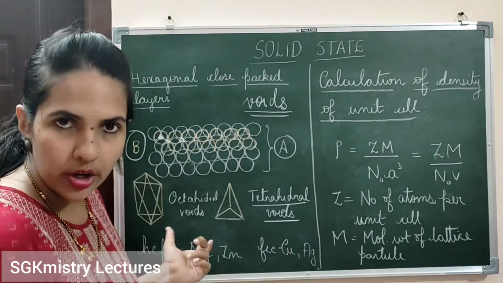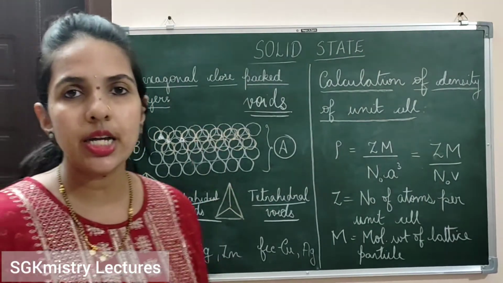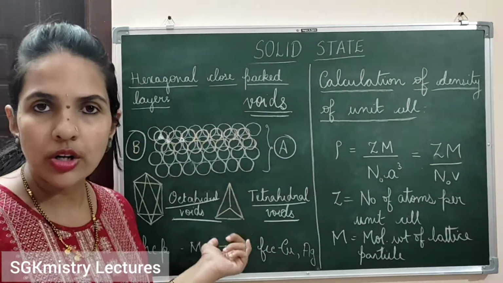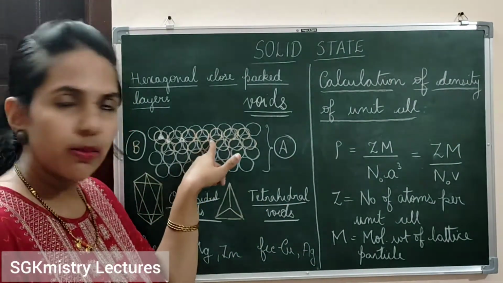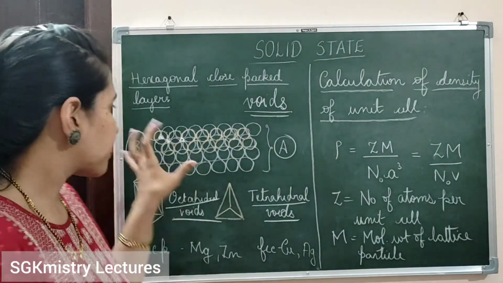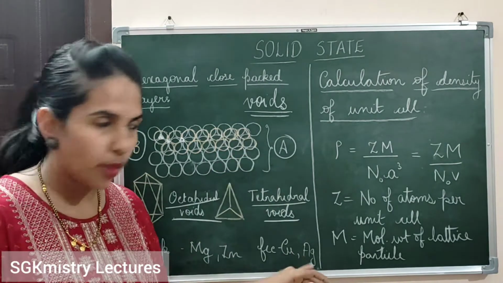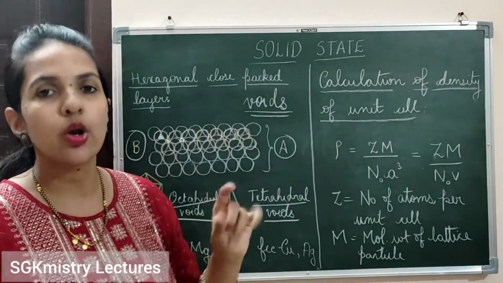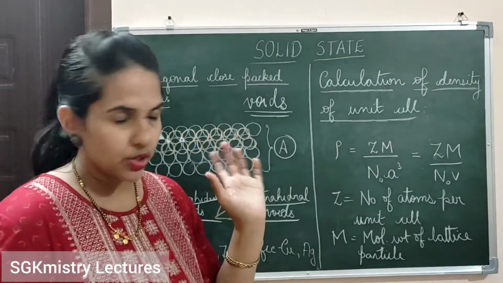Such voids, which are continuous from the lower to the upper layer, are called octahedral voids, or octahedral gaps. So these are the two types of voids that are formed when the second layer is placed over the first layer of the hexagonal close-packed structures.